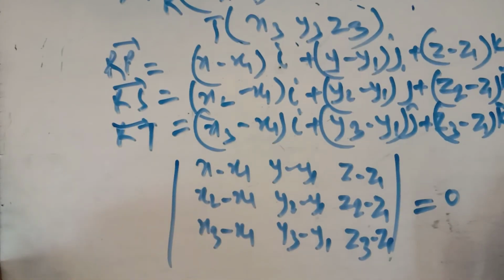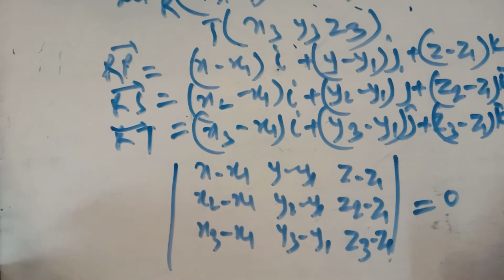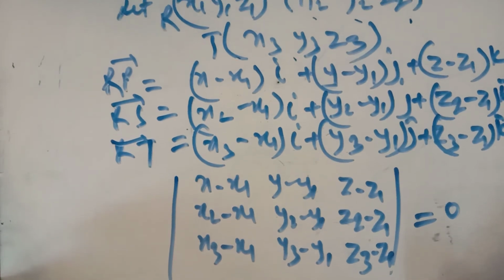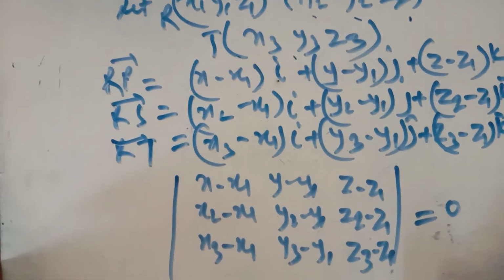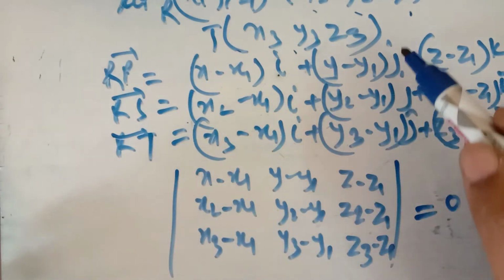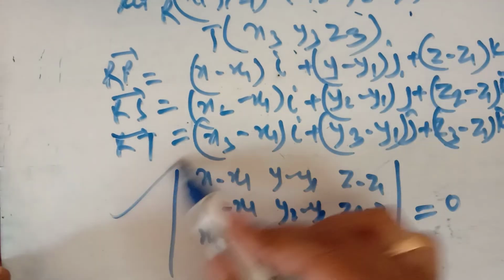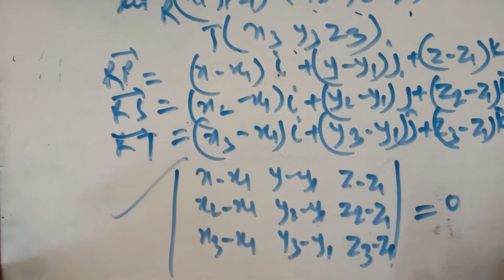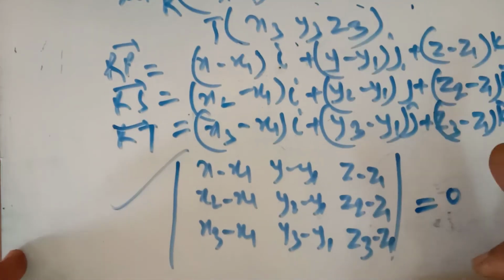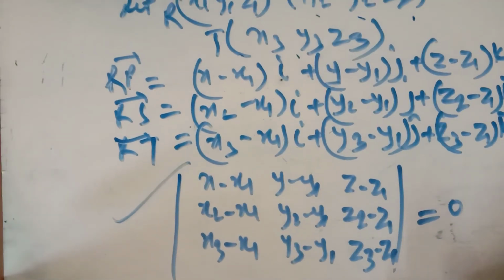So this is the Cartesian form of the equation of the plane passing through three known collinear points. We have done the theoretical part to find the equation of the plane. This may be difficult for someone, but if you are unable to follow the proof, you can learn only these formulas according to the heading: the equation of the plane passing through three known collinear points, Cartesian form and vector form.